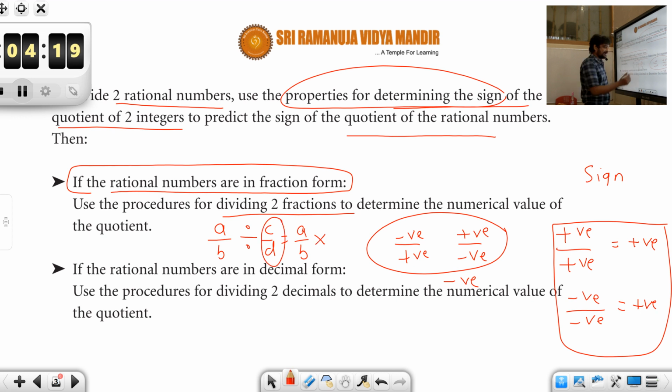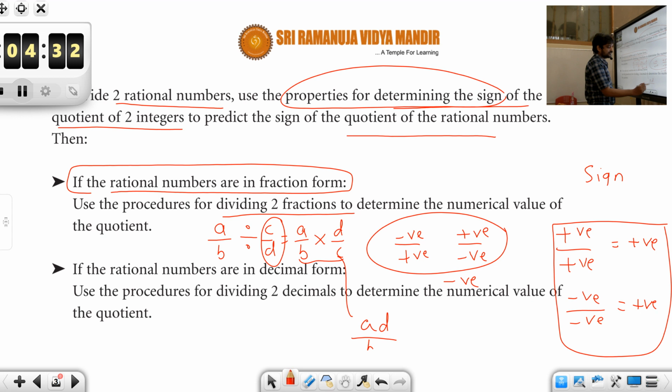And what is the reciprocal of c/d? That is d/c. And then you know how to multiply 2 fractions: simply multiply the numerators and multiply the denominators. So this is going to be your answer.